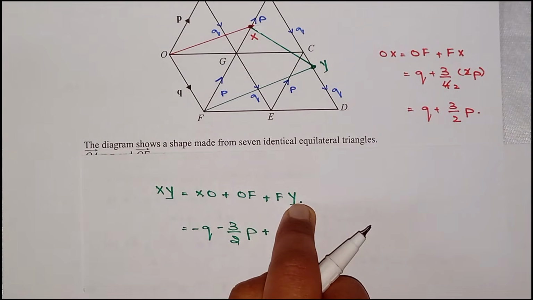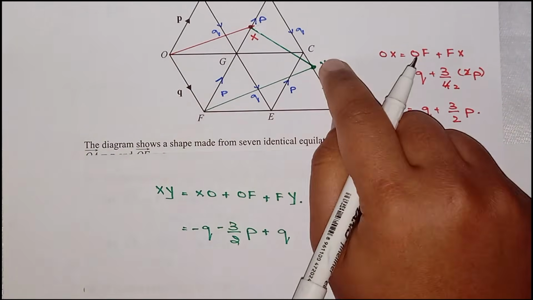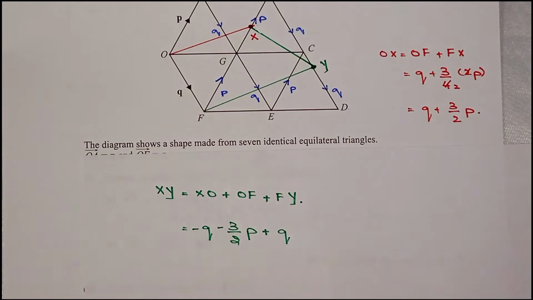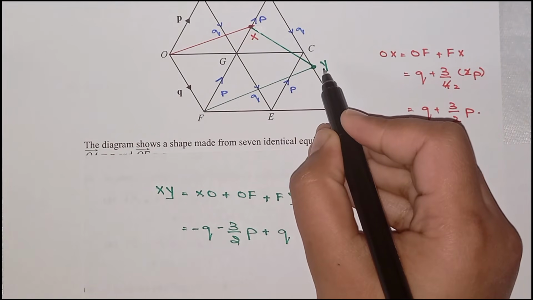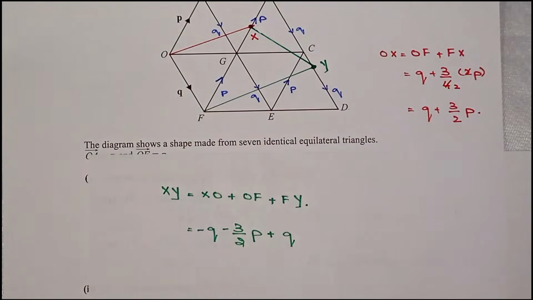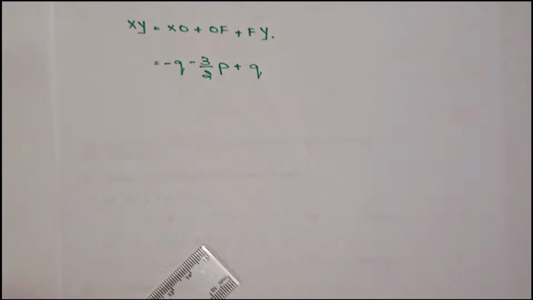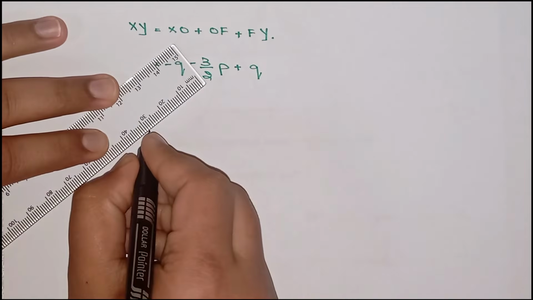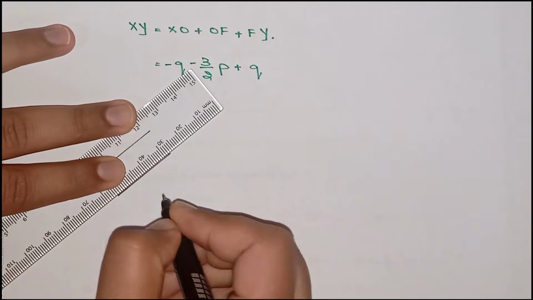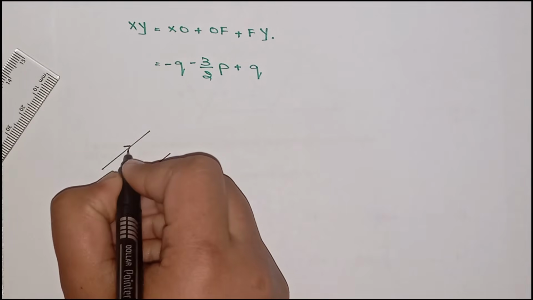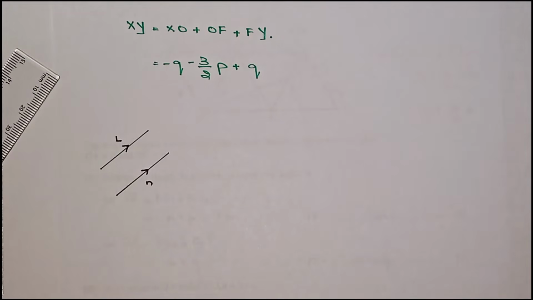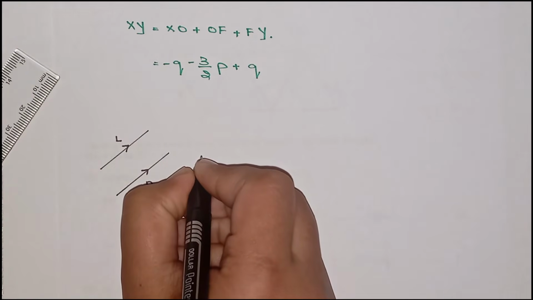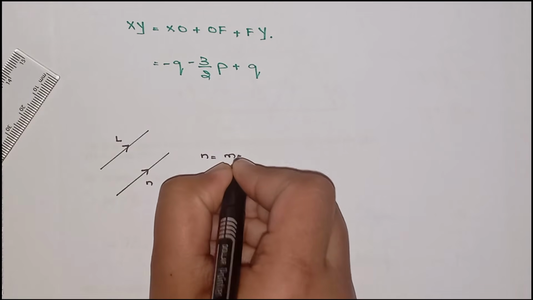Now we need to find the value for F to Y, right? To get FY, first we are going to use the concept that the lines OX and FY are parallel. So let's say this is a line L and this is a line M. When two lines are parallel, then one line is some constant times the second line.